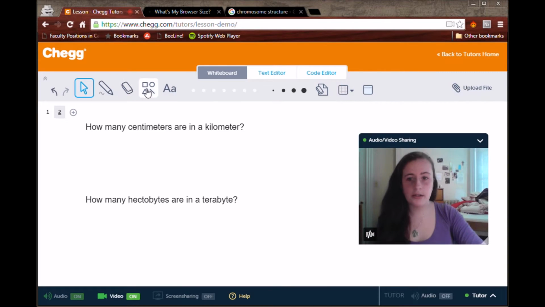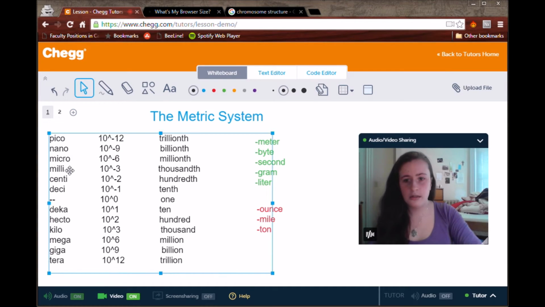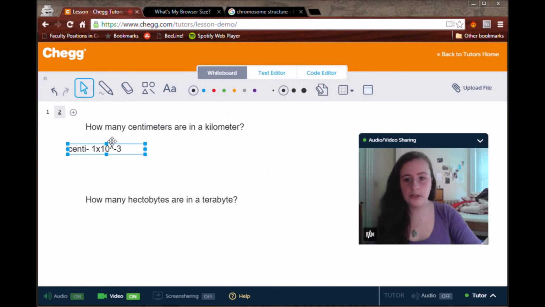So a centimeter is, let's type it actually. Centi is 1 times 10 to the negative 3, right? Which you can see here. Oh gosh, to the negative 2. That's wrong. That's where we check the table.